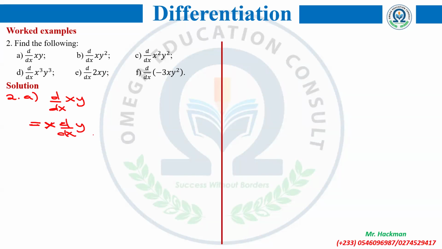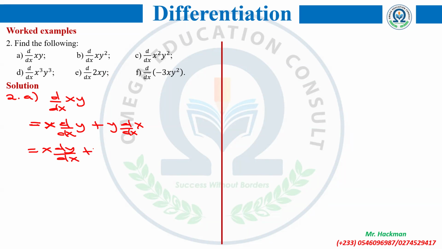Do you agree? Yes, please. Plus, we come and hold y, then find d dx of what? Of x. So this will be equal to, if I hold x, x is held, d dx of y will give us dy dx. Very good.